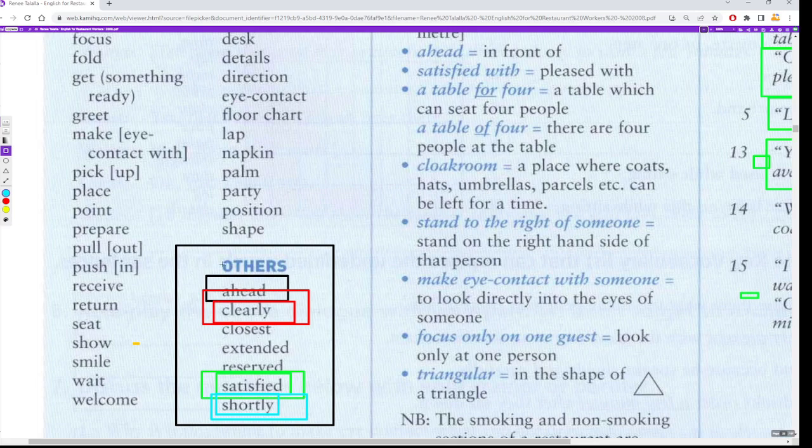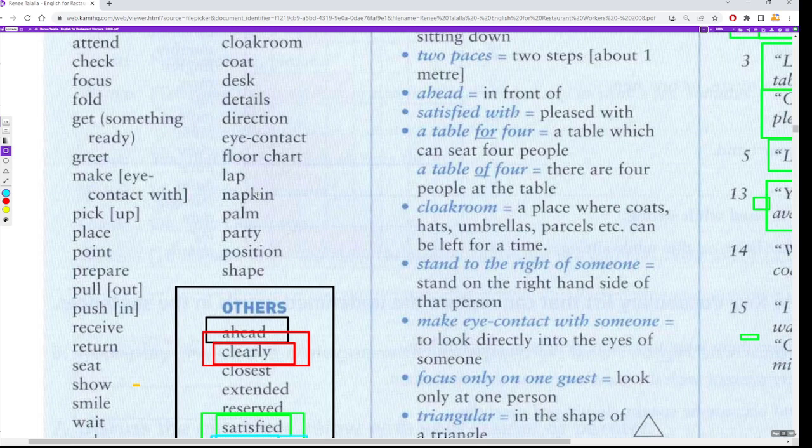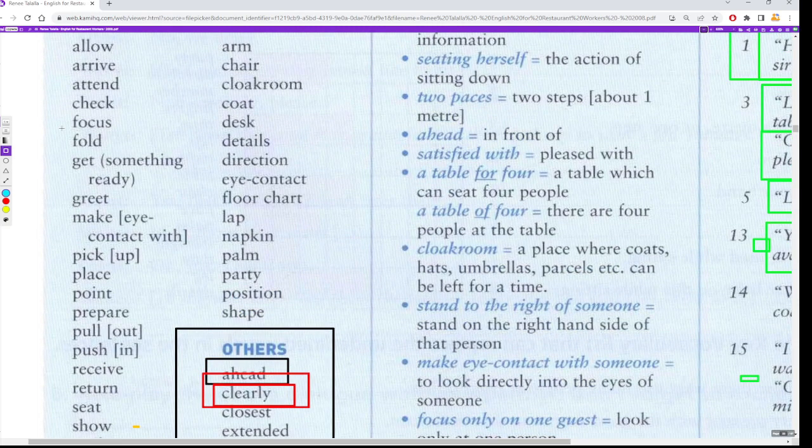It's not in the others. Focused. Now it's the verb. Wait, he looked focused? Make eye contact with.